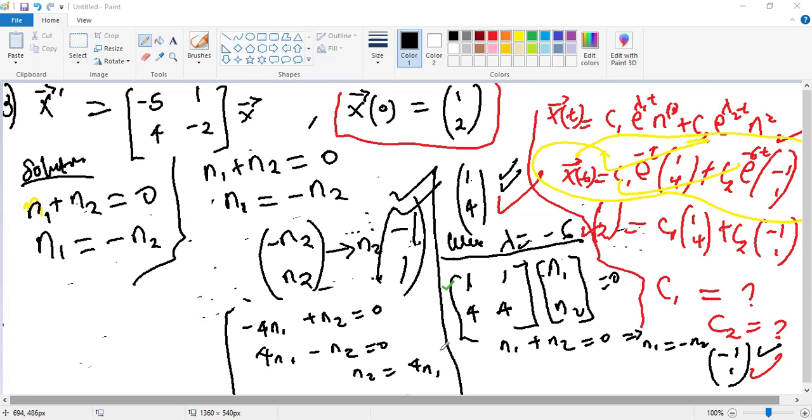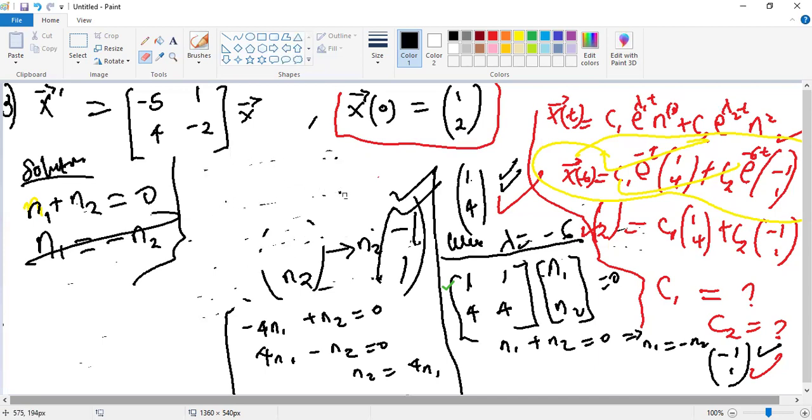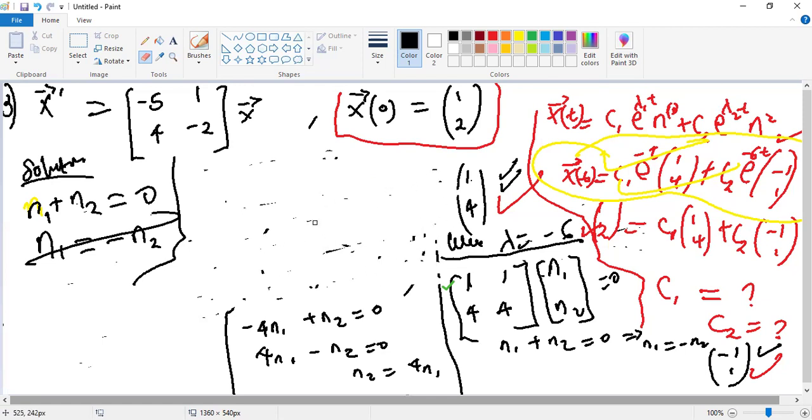Now, for example, where was the other one? I can show you with the other one as well. The other one is this here. Let me just rub this section again. We got N2 is equal to 4N1. N2 is equal to 4N1.